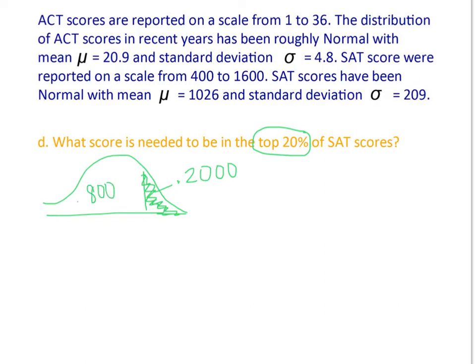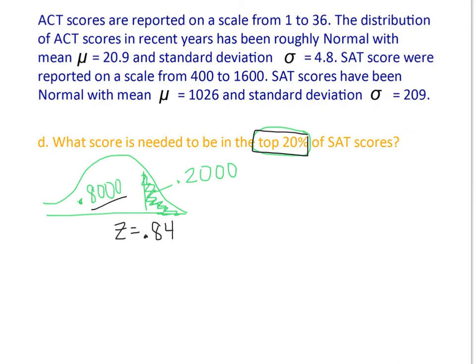It's 0.8000. So on my table, I have to look for 0.8000 because my table always gives me the area to the left. And when I look on my table, I get that z is about 0.84. So a z-score of 0.84 would be the 80th percentile, which is also the top 20th percentile. So those things mirror each other.